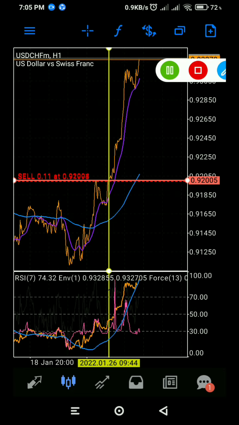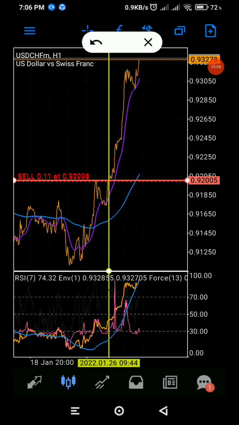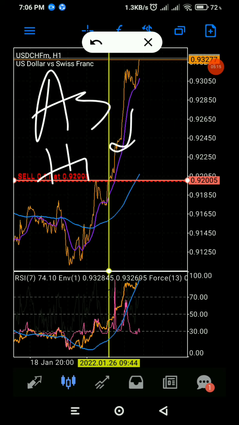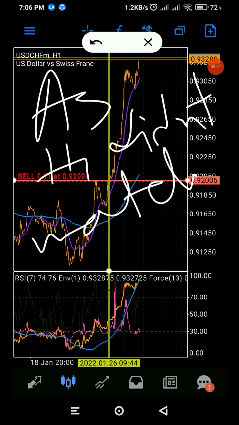At least you can manage your risks the proper way, and you can gain a huge amount if you match your trading confluence with a high time frame like H1.